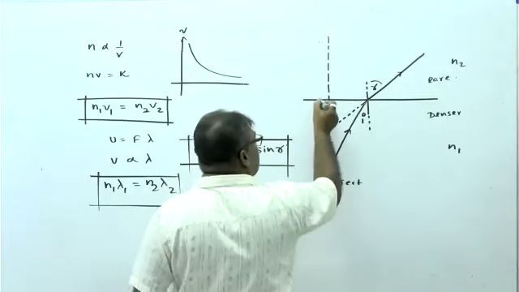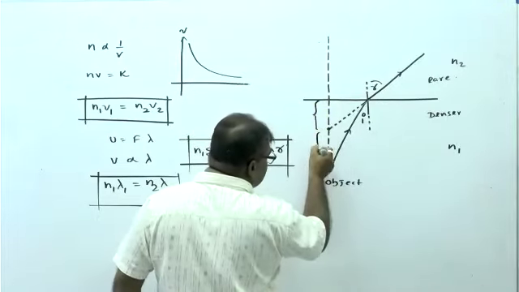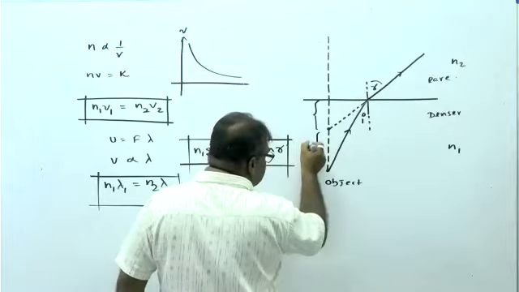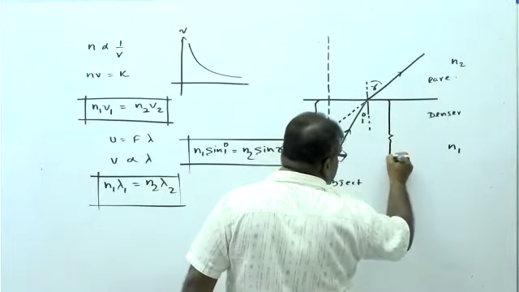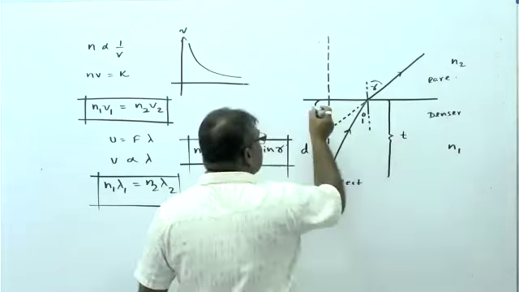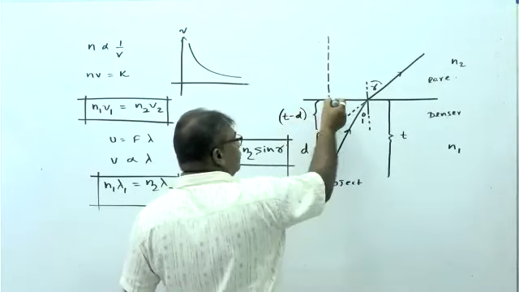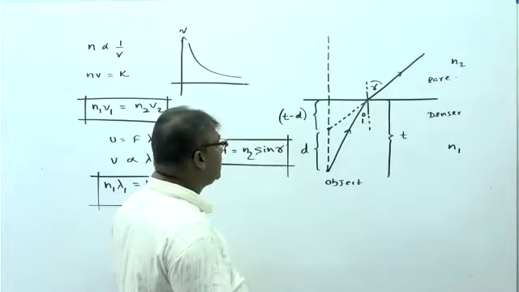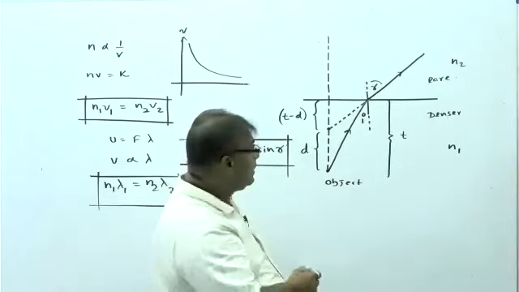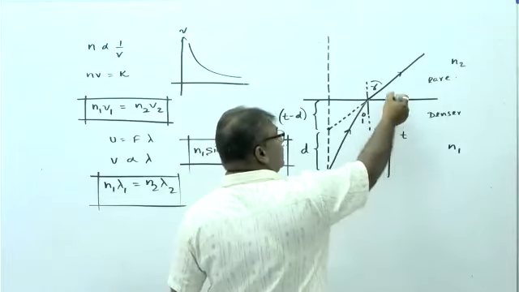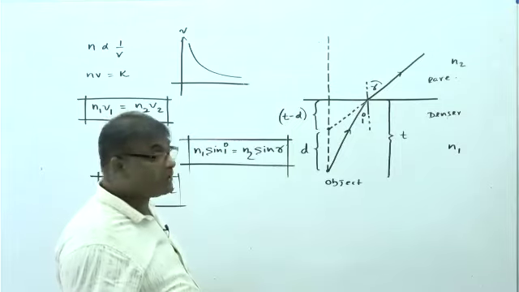Then this is the apparent depth. This is called the apparent shift. The standard symbol is D. This is called the real depth, T. Then this is T minus D. Here to here, apparent depth. Here to here, apparent shift. And total here to here, real depth. These are the standard symbols, right?